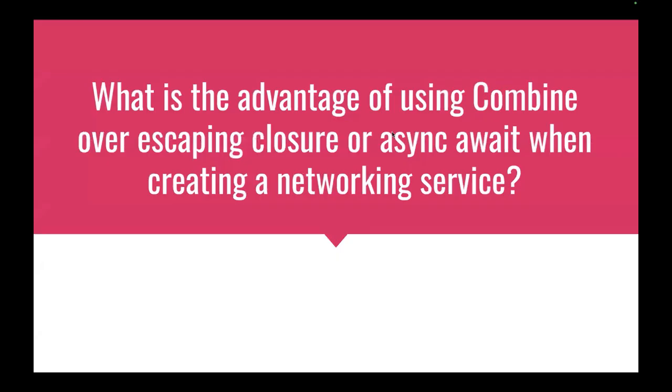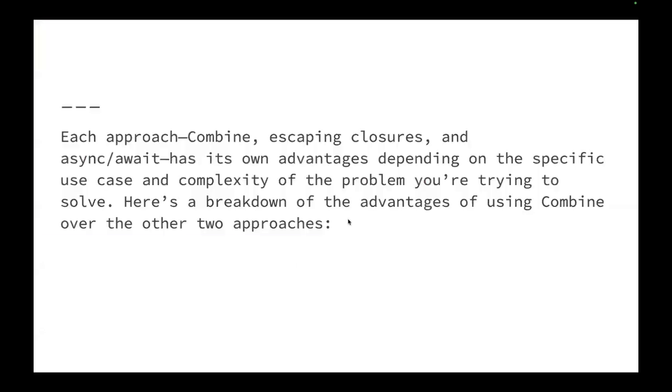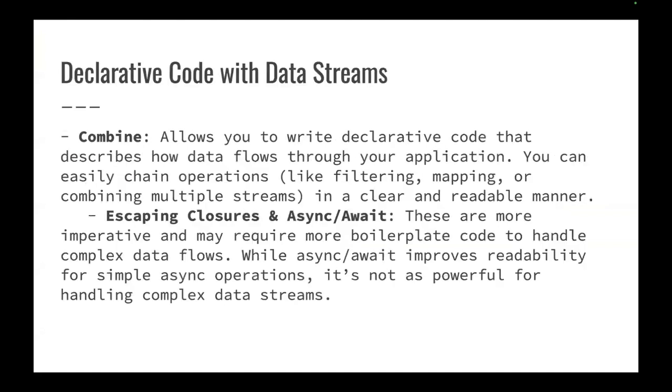What's the advantage of using Combine over escaping closures or async await when creating a network service? Each approach has its gives and takes, advantages and disadvantages. Combine allows you to write declarative code and describes how the data flows.